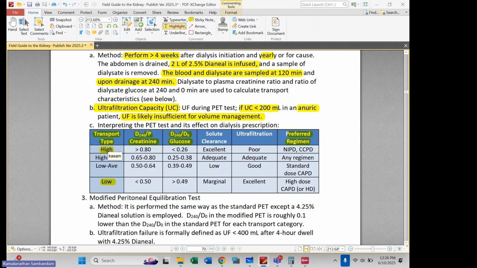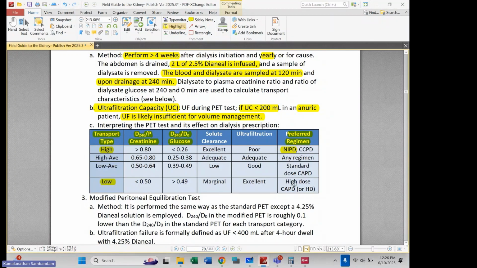Long dwell times in a high transporter would result in equilibration of that glucose in the dialysate quickly and eventually reabsorption of that fluid and glucose back to the patient. Okay, so shortened dwell times are the preferred approach if I have a high transporter. So NIPD would be an example of that, or CCPD with shortened dwell times.